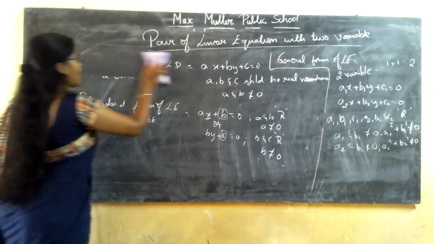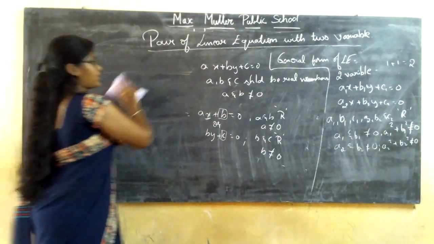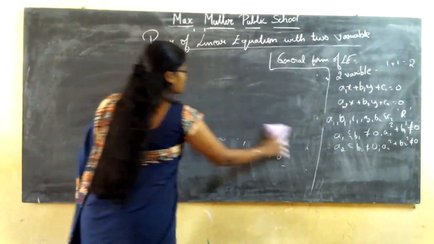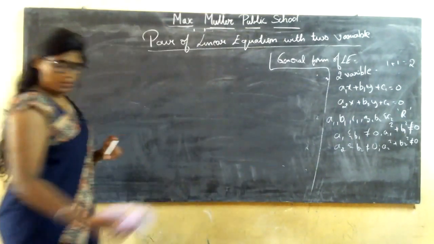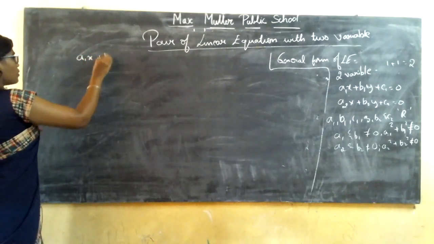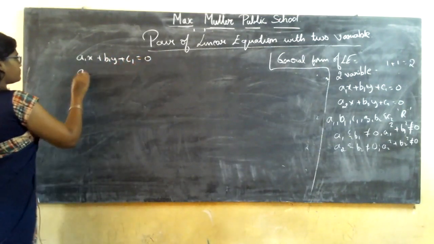That is, if you have a linear pair of equations, you will be having two lines, as you have written in the general equation, a1x plus b1y plus c1 equal to 0 and a2x plus b2y plus c2 is equal to 0.